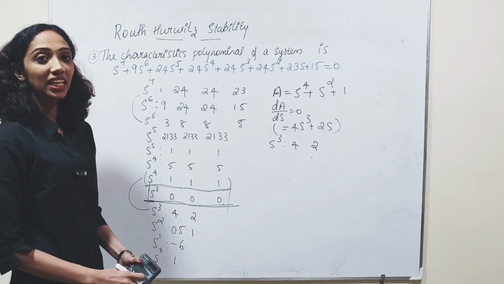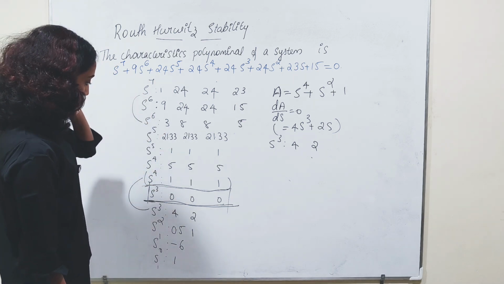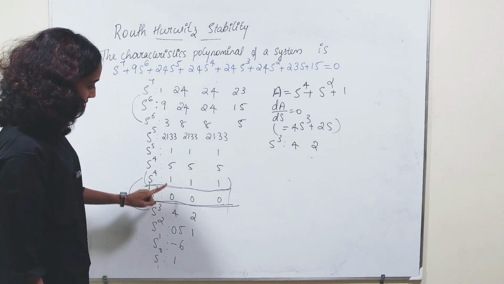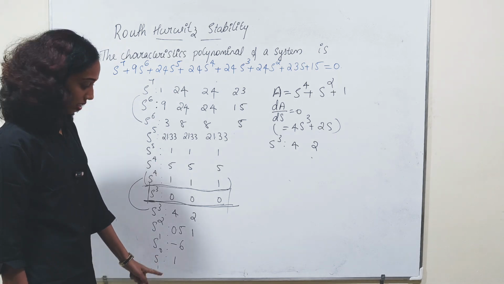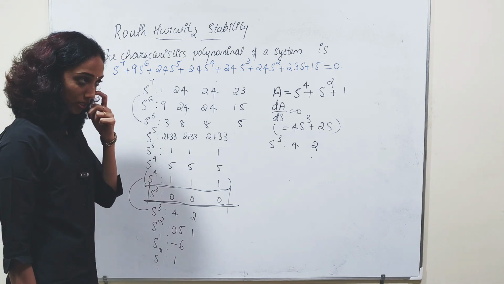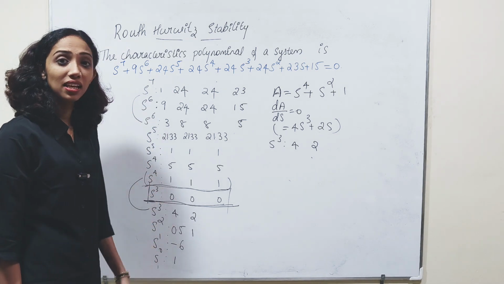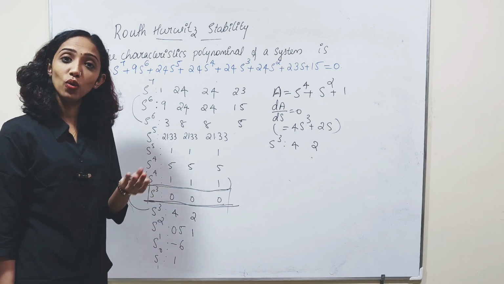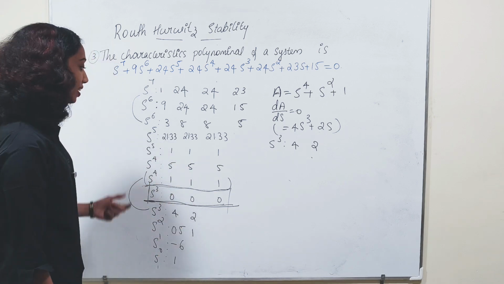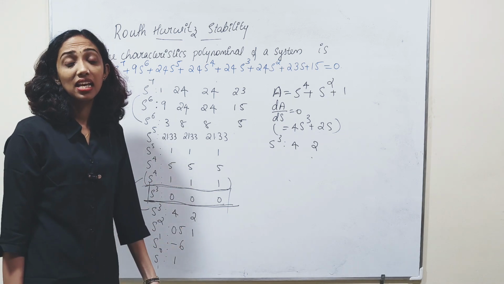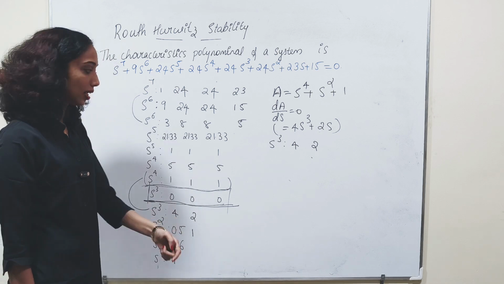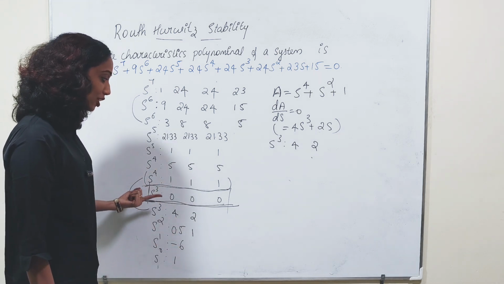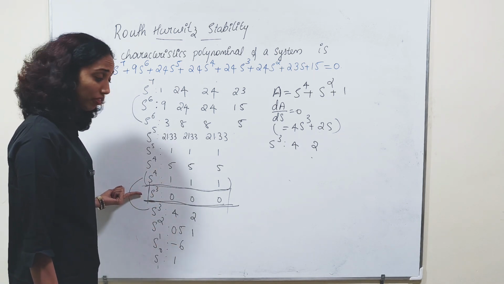Then check the stability of the system. In this question, we have only one negative number. Then is the system stable, unstable, or limitedly stable? I can say this is an unstable system, because we get a drop in the place of s raised to 3.